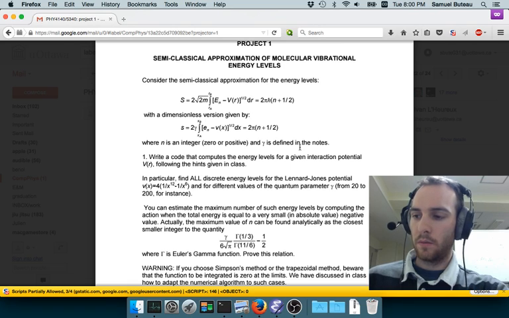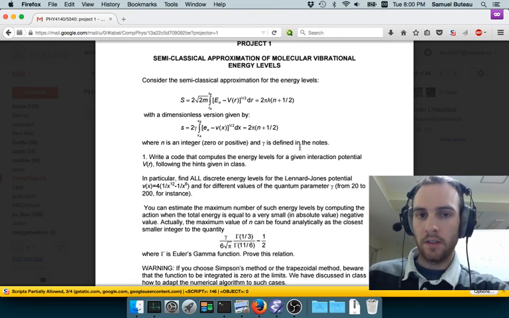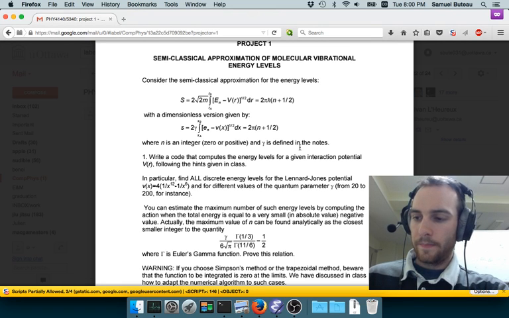It's called the WKB approximation, and it is justified by the relatively large masses of the nuclei.